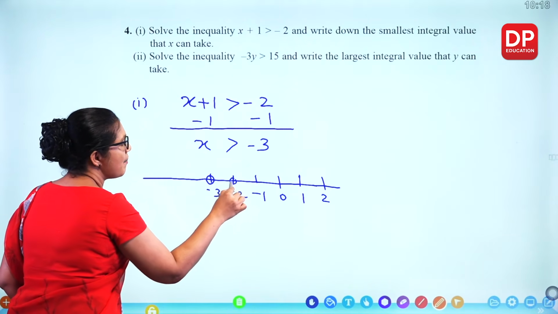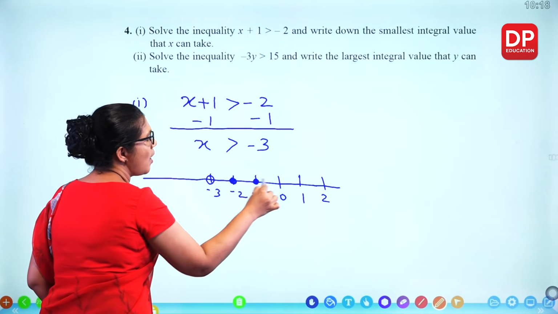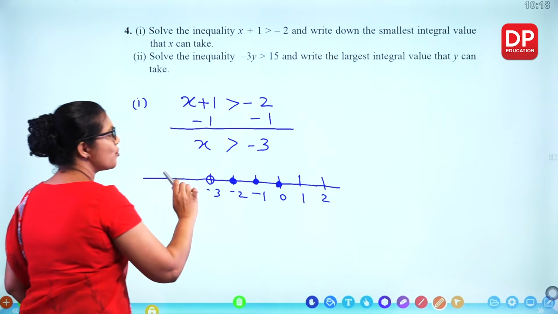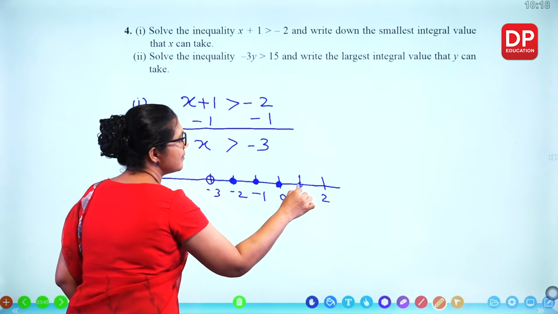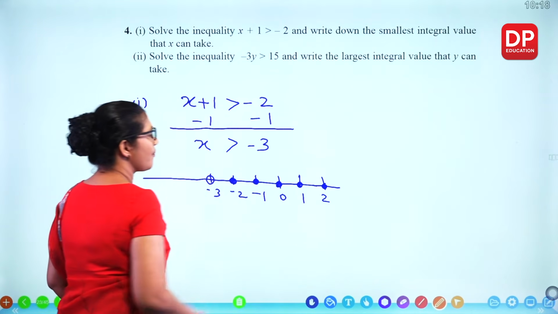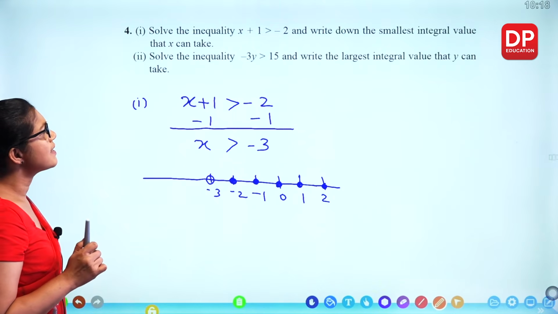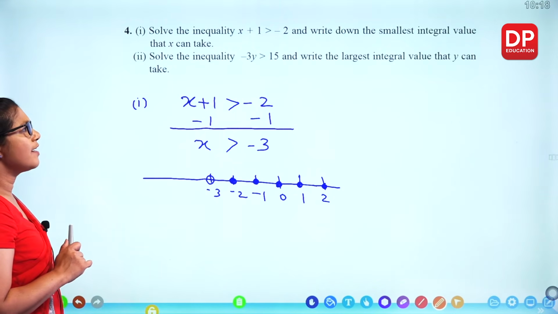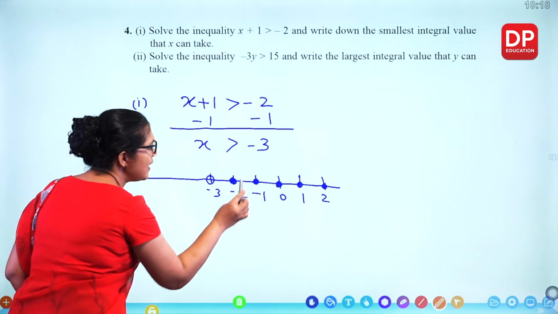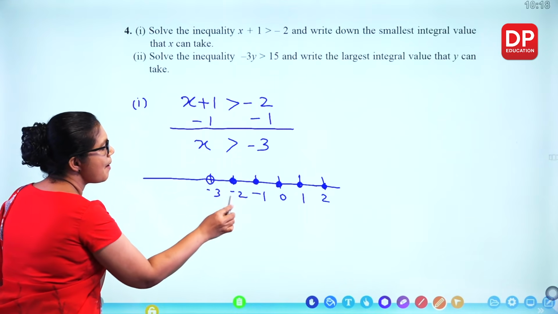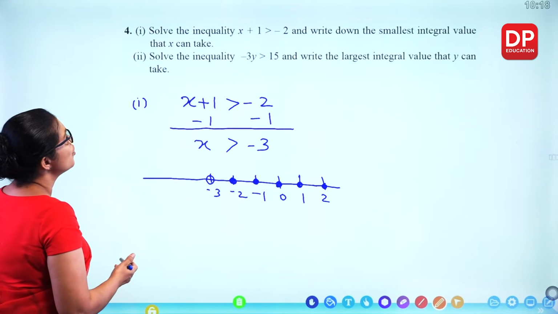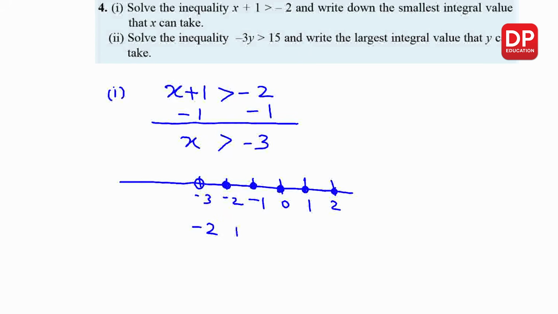But you can take minus 2, minus 1, any value towards the right hand side. So here what's the smallest integral value? The smallest integral value is minus 2. So you can write minus 2 is the smallest integral value.